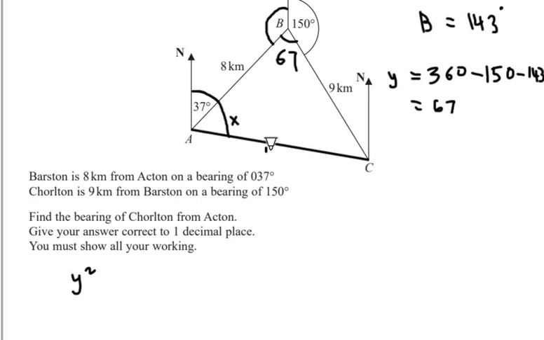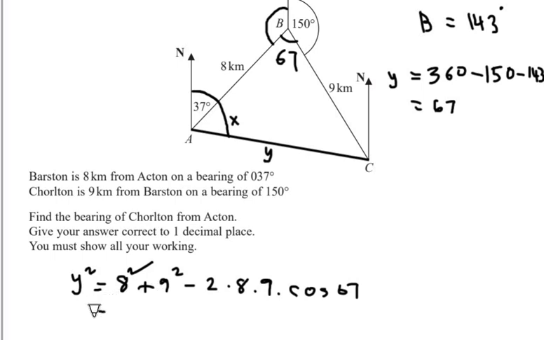Let's call this y now. Y squared will be 8 squared plus 9 squared minus 2 times 8 times 9 times cos of 67 degrees.